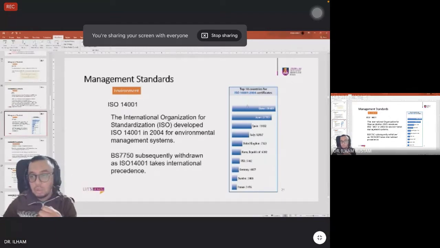So since it is accepted in the whole world, a few countries have started to adopt it, and the most foremost, I'm not sure when is this, but recorded here, China was leading because they have become the world manufacturer, so they need to show that barang China bukan murah punya.